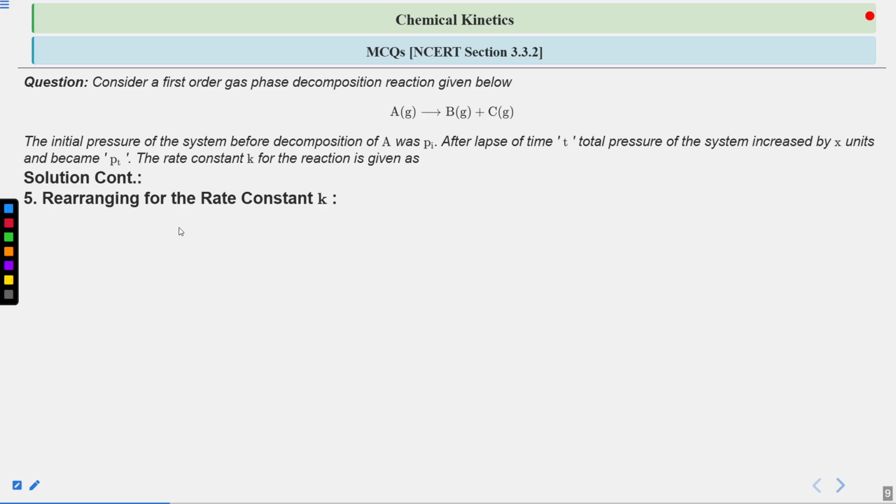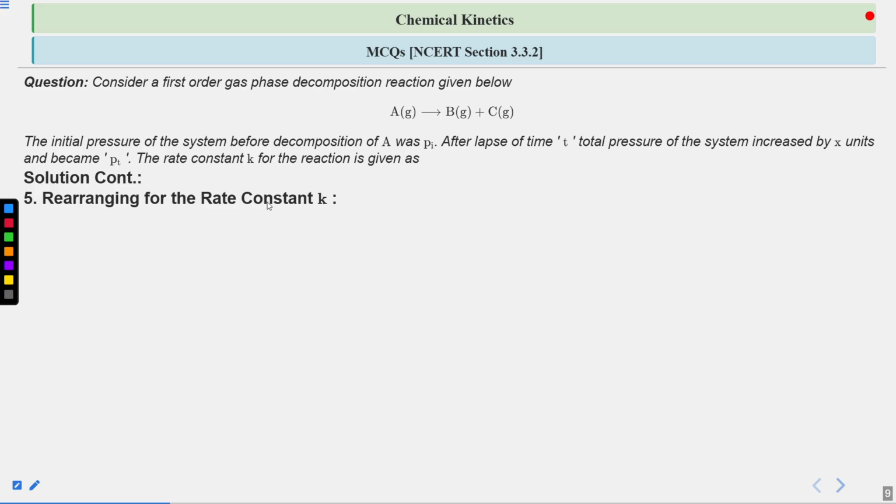You can also give the answer in terms of x if the options are present in x variable units. Then you can answer in x terms, but if no x term is present in the options, then you have to find the value of x and put it inside the main equation, which we just found from the integrated rate law equation for a first order reaction, right?